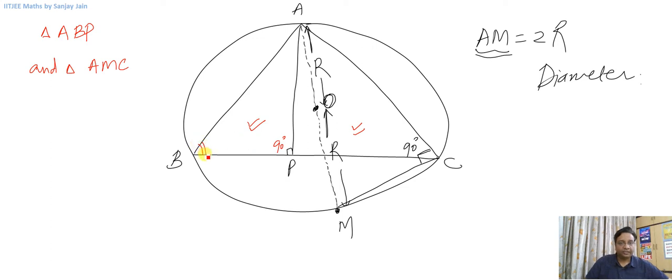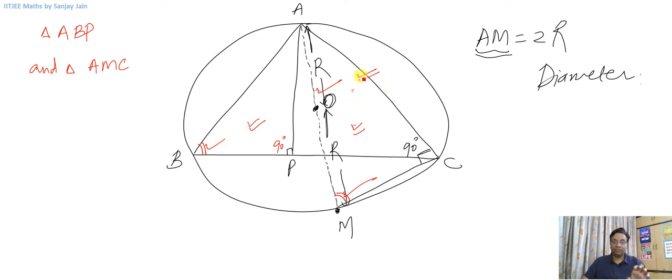Angle B and angle M here are being made by this same chord AC. Chord AC subtends angle AMC, that is this angle, this angle, and this angle, on the same side of the circle, in the same segment of the circle.